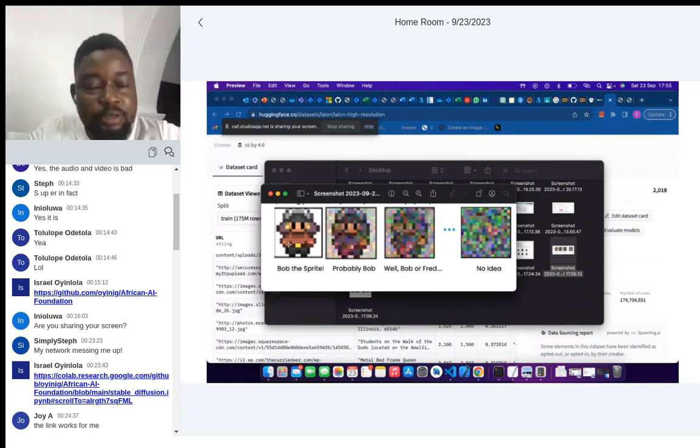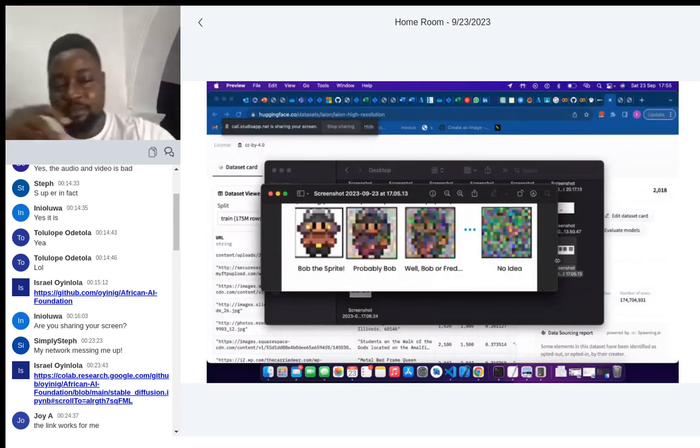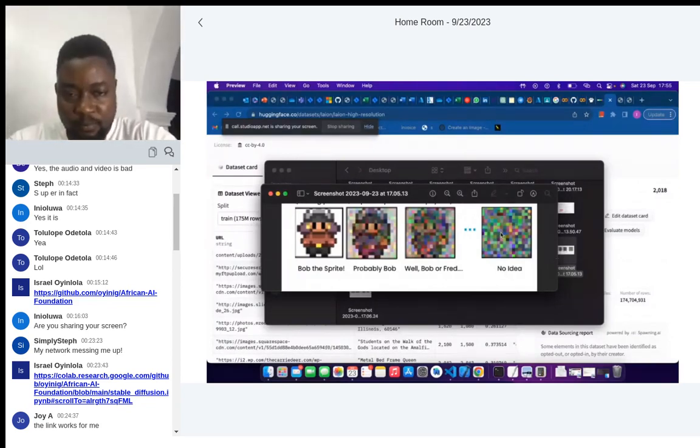This is the original image. So if I put up my own picture there, it will add noise to it. And it will keep doing that until it is completely random data that doesn't represent Bob anymore at this point.